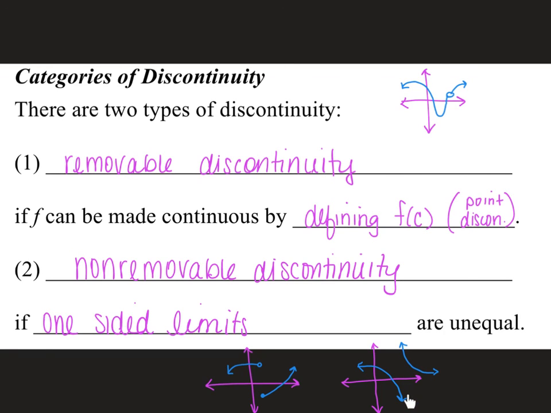So this is, again, a non-removable discontinuity when you have a vertical asymptote. So just to write that out, this is a vertical asymptote. And over here we have something like a piecewise function, or maybe if you see a jump discontinuity.